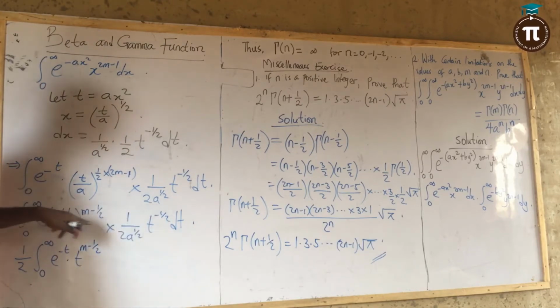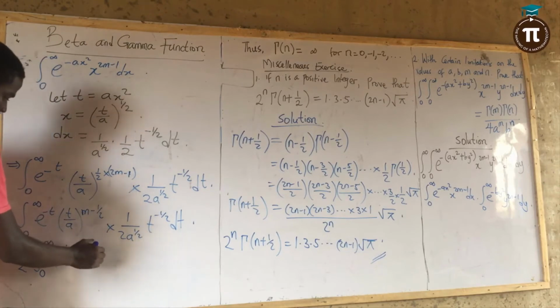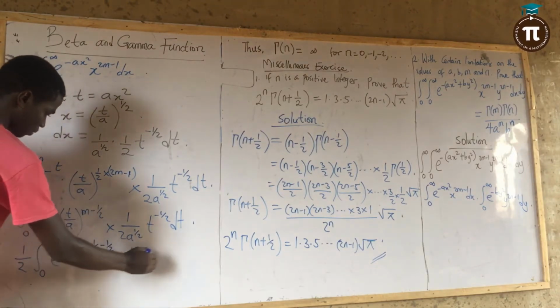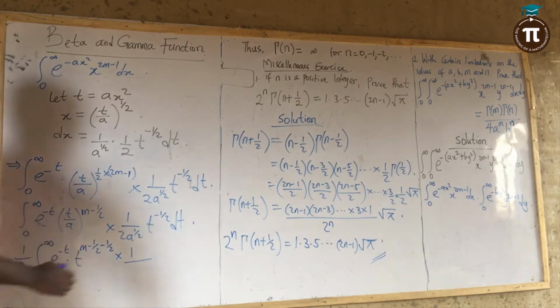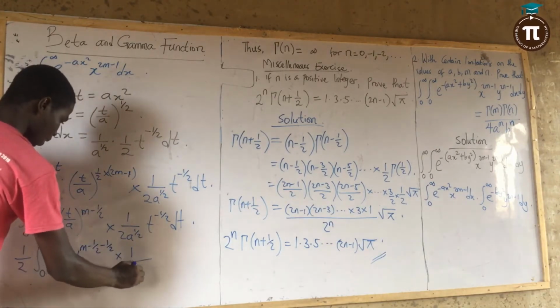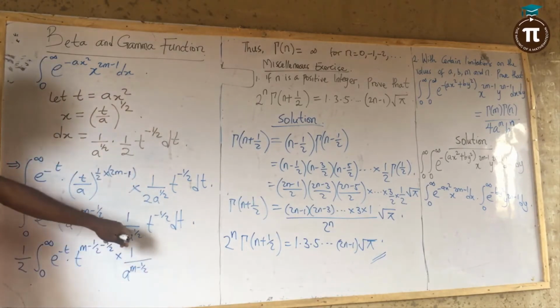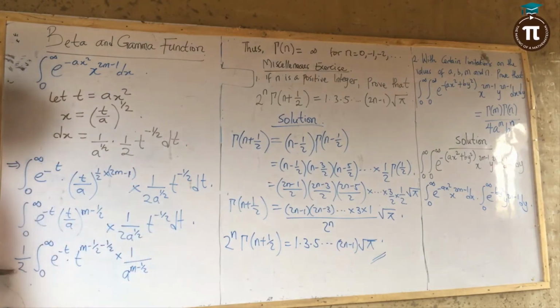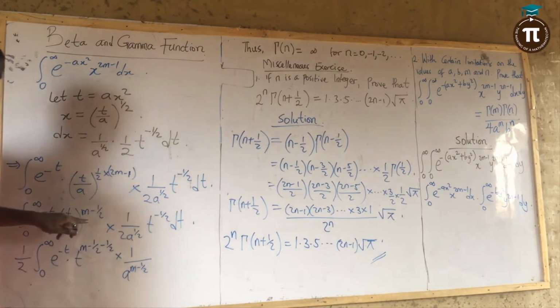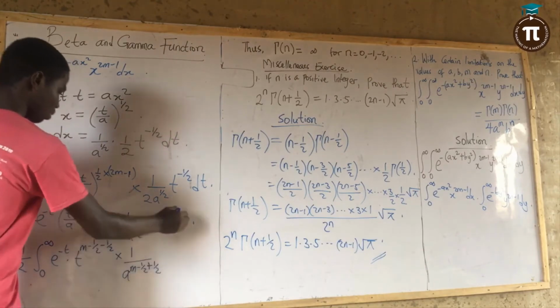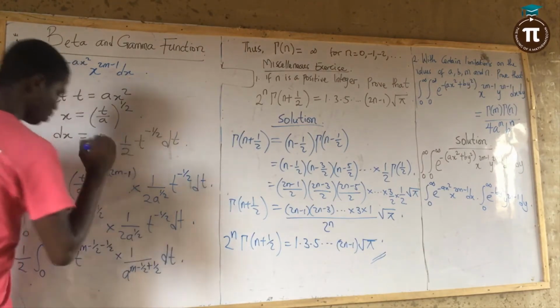When I use the law of indices, this will be t raised to the power m minus 1 over 2 minus 1 over 2. Then multiply by 1 over a raised to the power of m minus 1 over 2, and this is another a raised to power 1 over 2. Don't forget, these two beside it have been brought outside the integral. So this is a raised to power minus m plus 1 over 2 plus 1 over 2 dt.